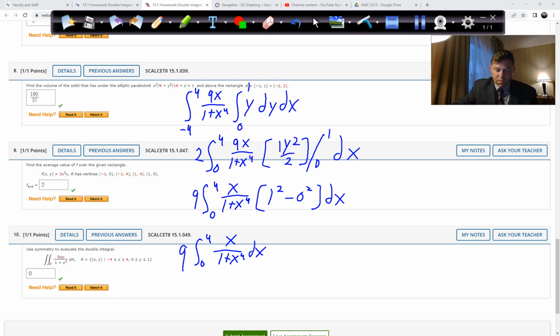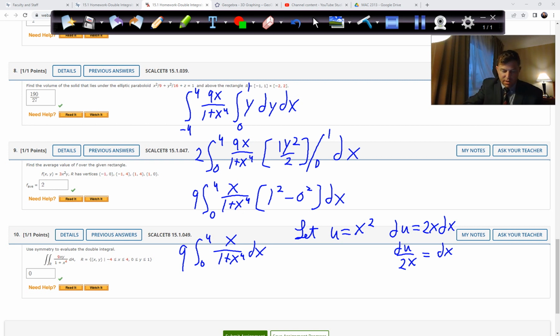Okay, to solve this one, we're going to let u equal x squared. And therefore, du equals 2x dx. And then you solve for dx by dividing du by 2x. So what we're going to get is 9, 0 to 4, x over 1 plus x^4.